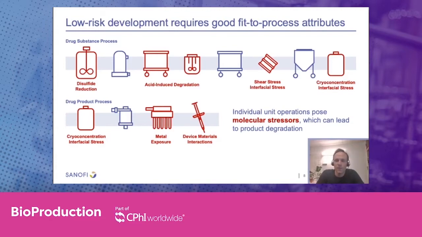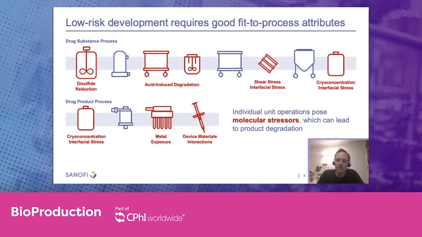Poor compatibility can also arise through the stresses that are implicit in the process. These can include things like redox chemistry in the bioreactor, brief acidification during capture or viral inactivation, shear stress that is involved with the pumping and UFDF. UFDF also leads to interfacial stresses, as does freezing and thawing.